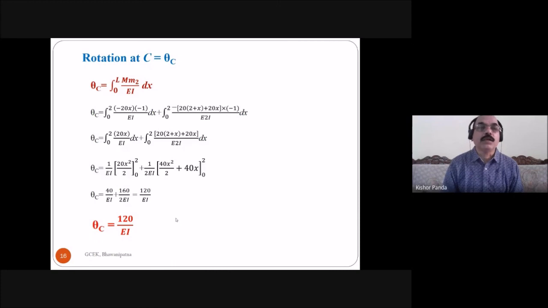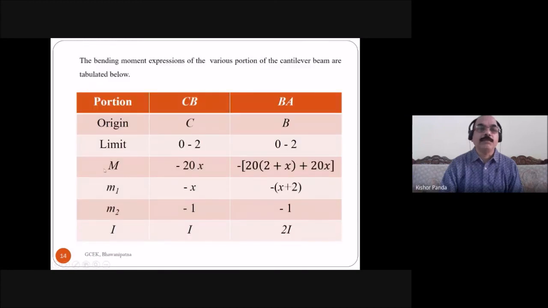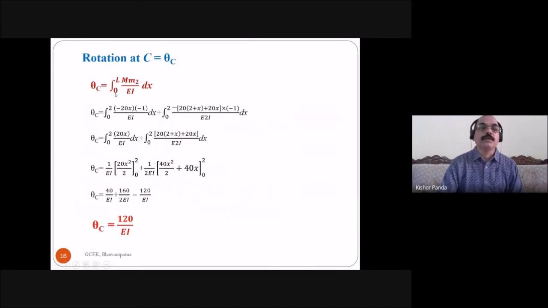Then find out the rotation at C, theta C. For rotation at C, you have to take capital M and small m2, because small m2 is the moment due to the unit moment at C, and capital M is the moment due to the external force. So theta C is equal to integral 0 to L, capital M, small m2 by EI into dx.